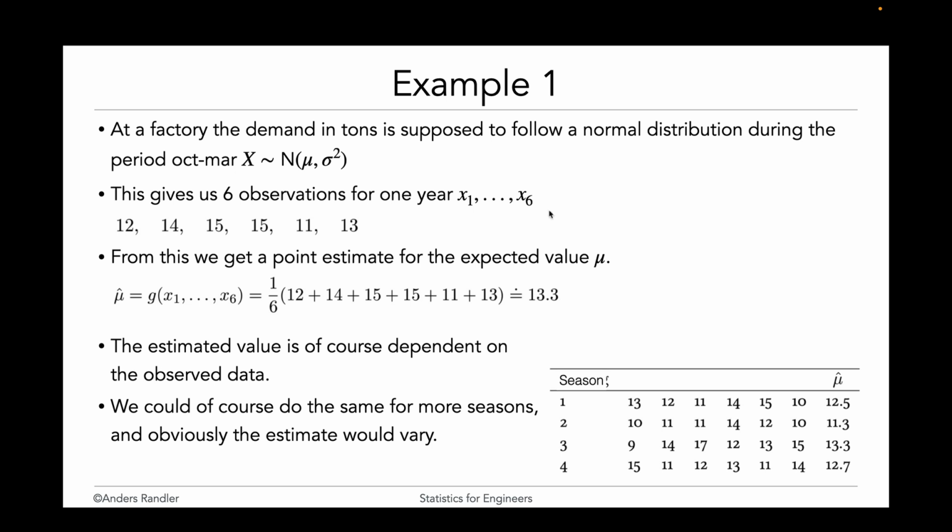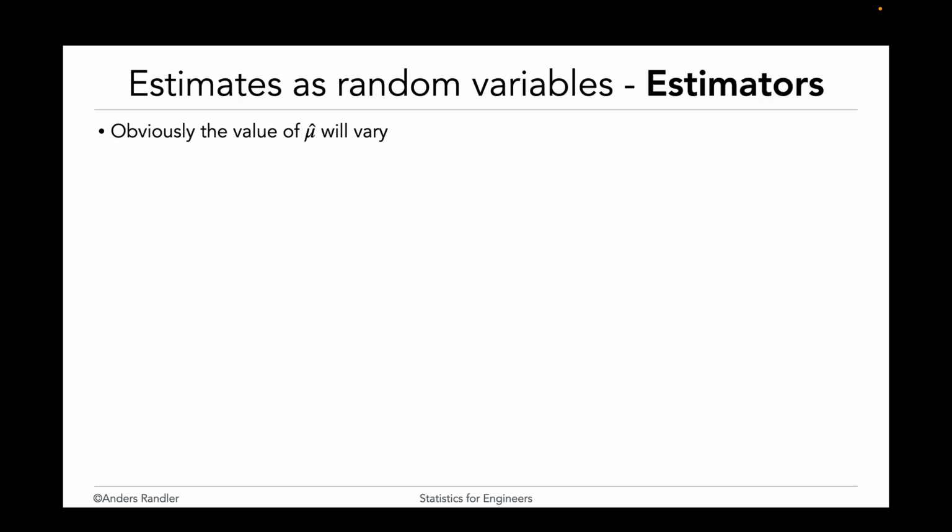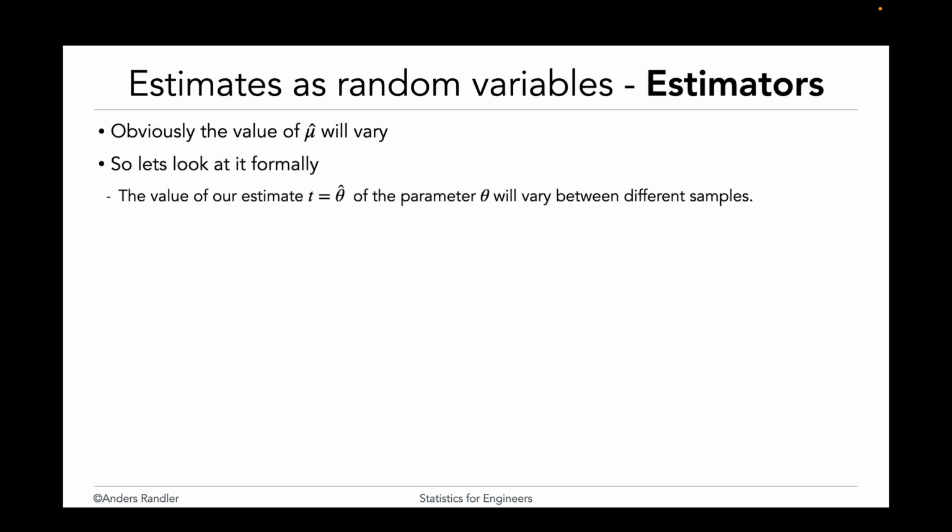And in this case, we've decided that it's varying as a normal distribution, and we're using this mu hat as the estimate for the expected value. So obviously the value of mu hat will vary, just as I said. So let's look at that formula. The value of our estimate of the parameter theta will vary between different samples. We just saw that in the last example, so that's basic. We could then study the corresponding random variable t, called the estimator.